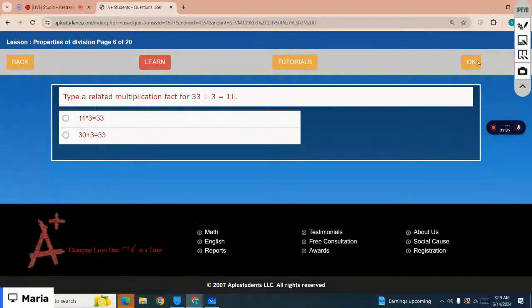Type a related multiplication fact for 33 divided by 3 equals 11. So which is the related multiplication fact? Which is the correct option?